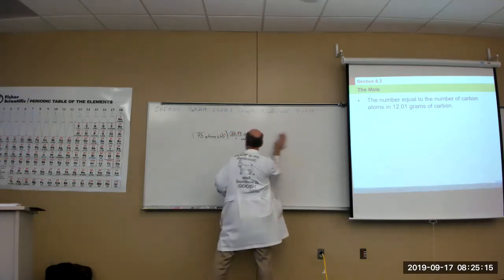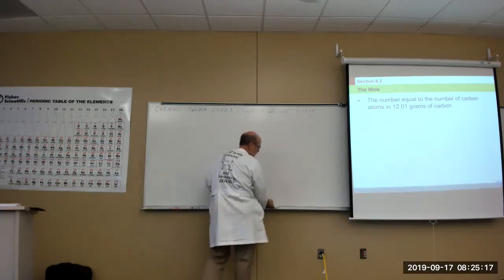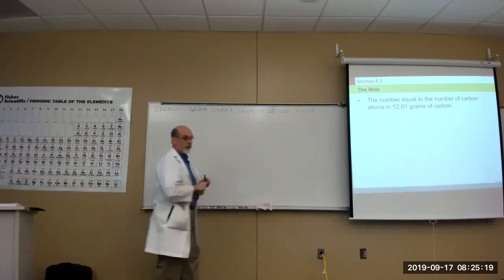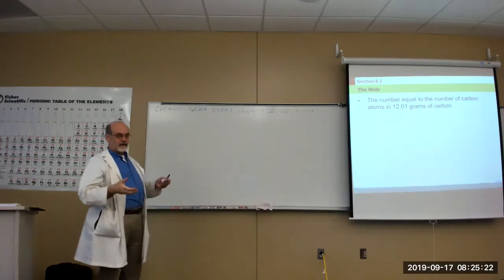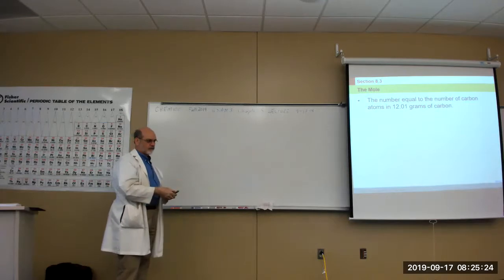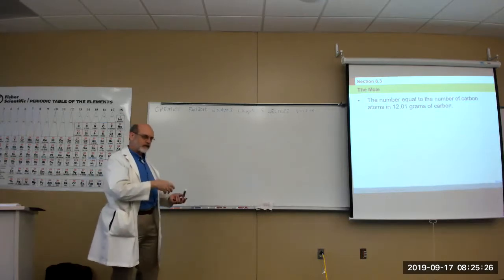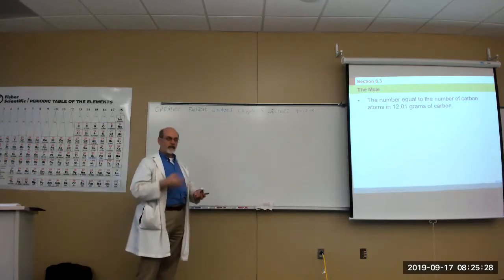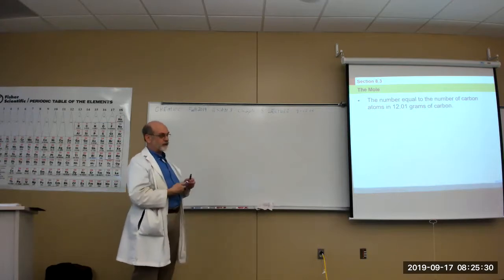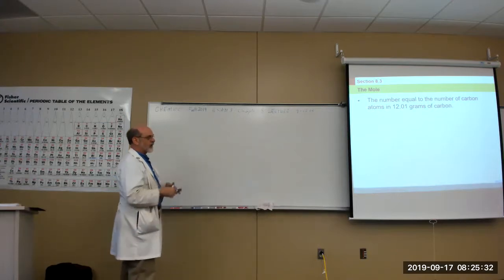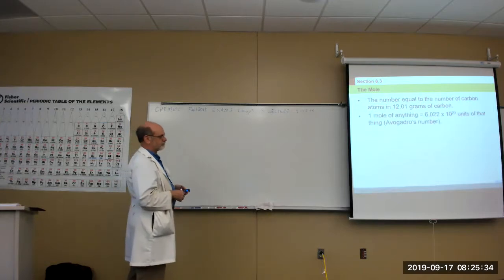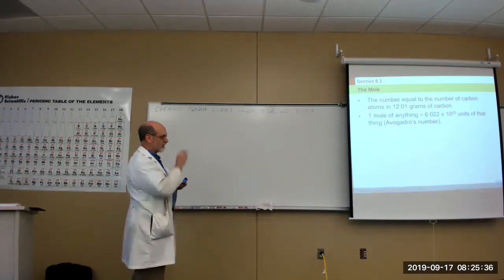The mole is simply a number of things. For our purposes, it would be a number of atoms, a number of ions, a number of protons, a number of neutrons, something really small. That's why we want to use it in the first place. But a mole is just a number. And it happens to be that number.